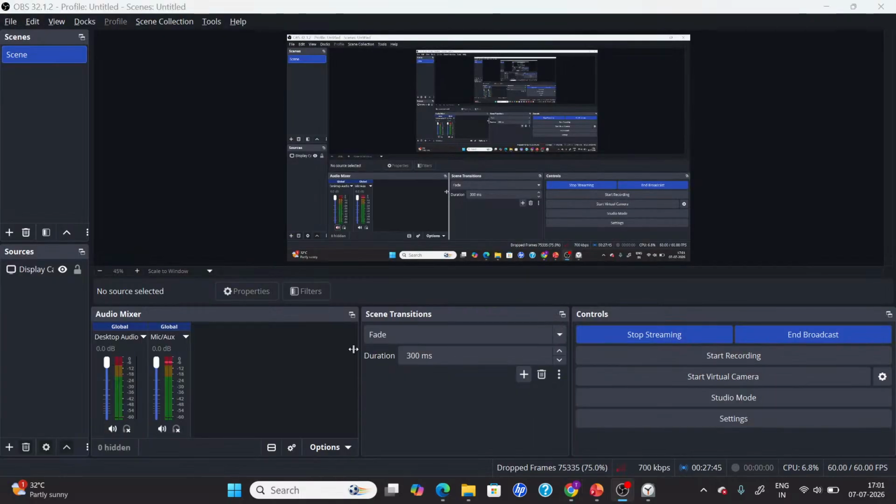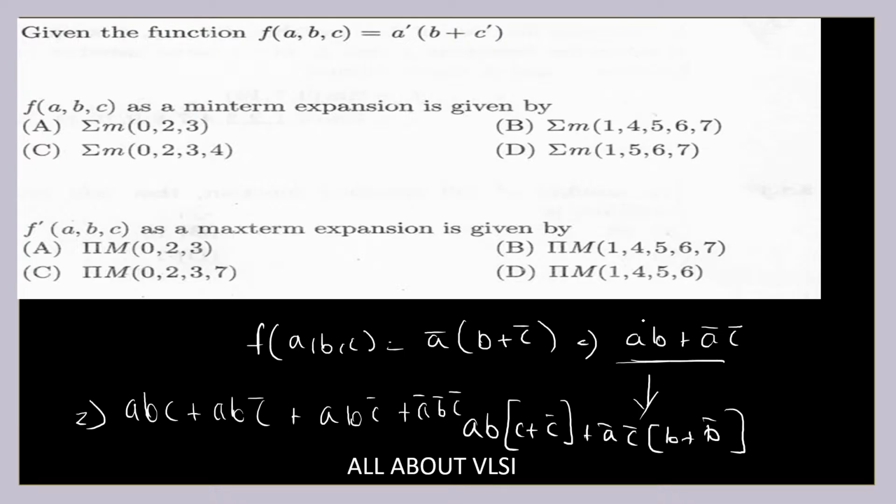So what's the answer you're getting? This is A bar. So which is 0, 2, 3, option A.